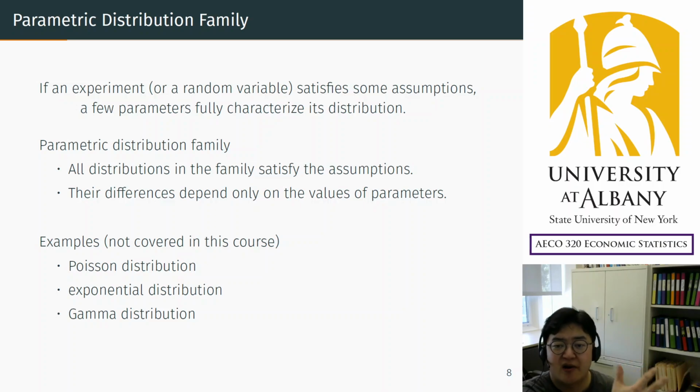They are parameterized in different ways. So one distribution is not compatible with another distribution in general. There are more examples of parametric distributions, but I'm not going to cover them in this course. We are going to study two of the most important parametric distributions today.